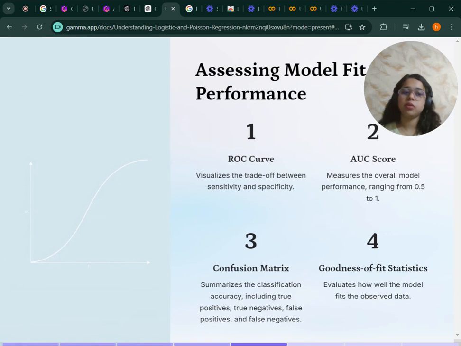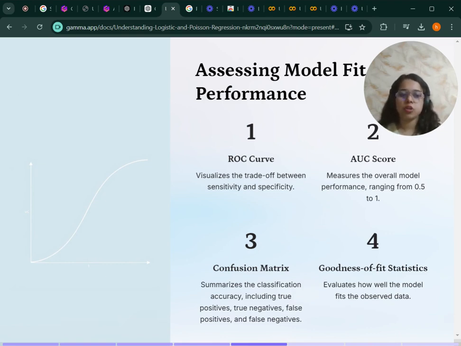Now, assessing model fit, we have the ROC curve, AUC score, confusion matrix, and GOF, that is, goodness of fit statistic. The ROC curve shows the trade-off between sensitivity, that is true positive rate, and specificity, that is true negative rate, and the closer the curve is to the top left corner, the better the model.